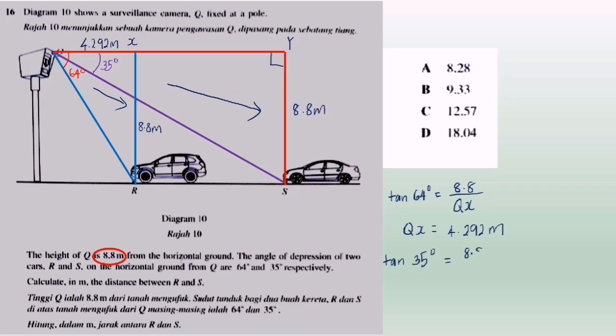So 8.8 over the adjacent side QY equals 8.8 over tangent 35 degrees. So QY equals 12.568 meters.